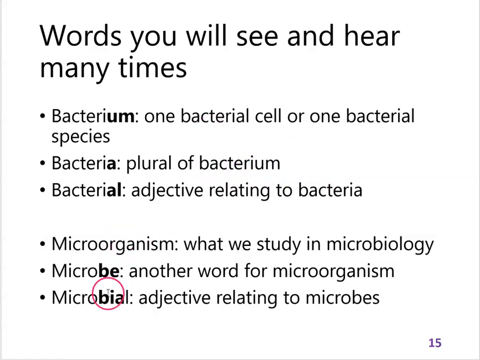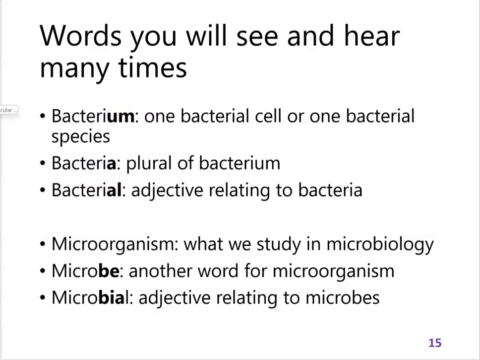And then another thing I'm going to say, microorganism is more general. If I'm talking about bacteria or fungi or protists or other things, I would say microorganism, but that takes too long, so I say microbe. And the adjective there is microbial. Those aren't really words I'm going to test you on. Those are words you need to understand that I'm going to say. And you definitely need to start practicing: bacteria is plural, bacterium is singular.